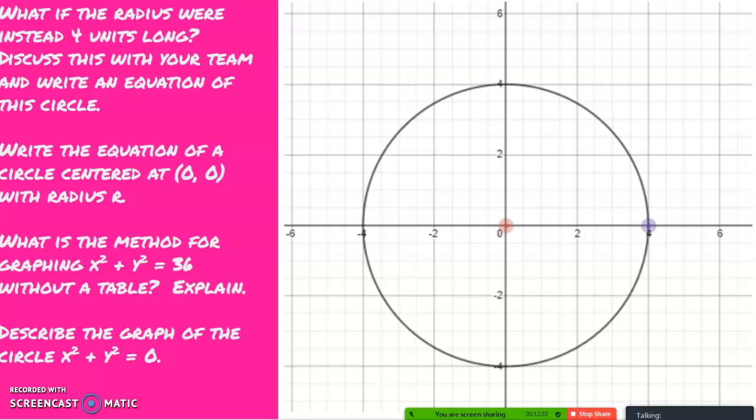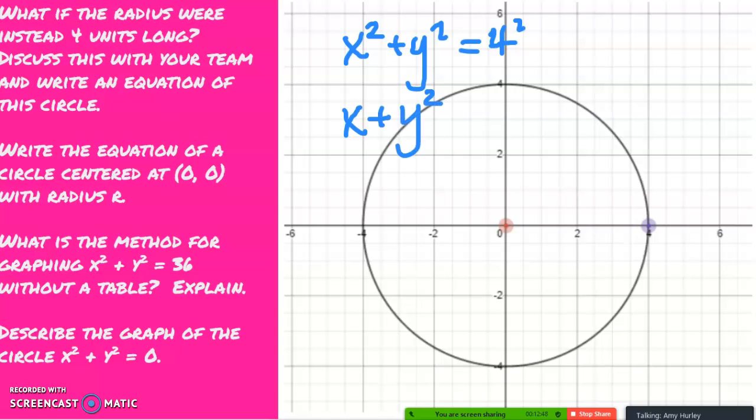The equation of a circle with a radius of 4 would be x squared plus y squared equals 4 squared, and we know that 4 squared is 16. So this is the equation of this circle with a radius of 4.